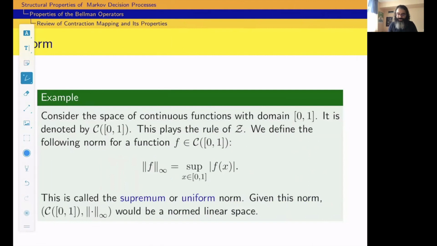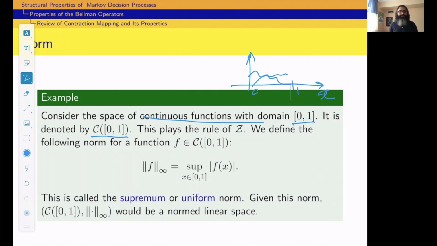So consider the space of continuous functions with domain between 0 and 1. This space is usually denoted by C of [0, 1].